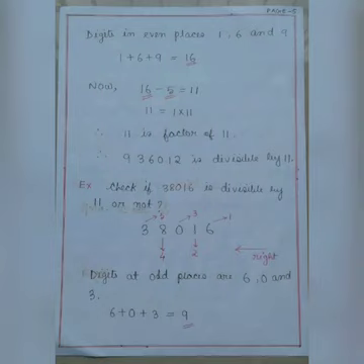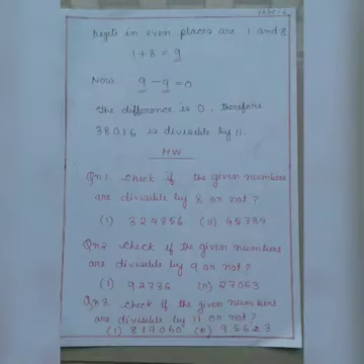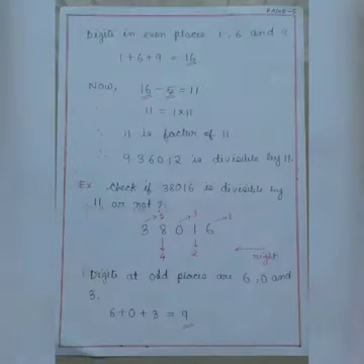Now I shall add 6, 0 and 3, which is equal to 9. Digits in even places are 1 and 8. We shall add 1 and 8, we get 9. Now we shall subtract the sum of digits of even places from sum of digits of odd places.